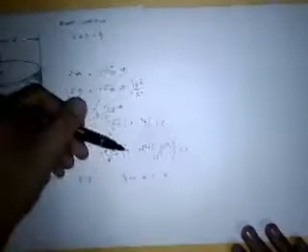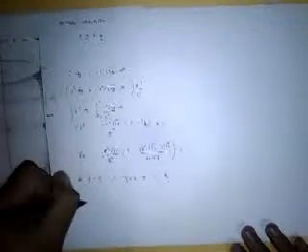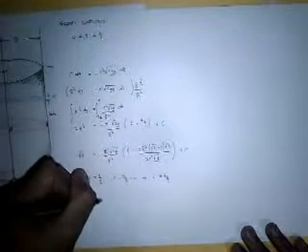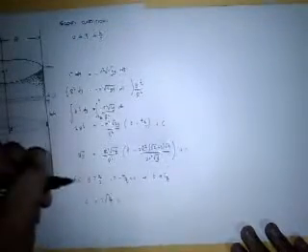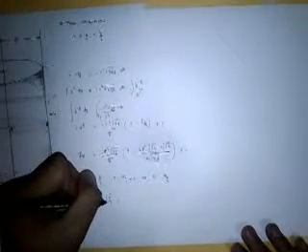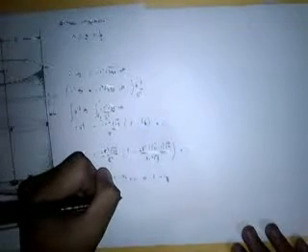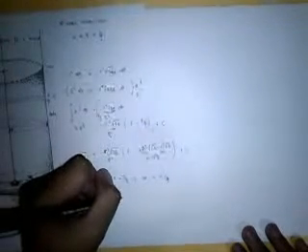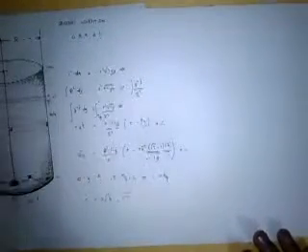So this becomes 0, and our c is equal to 2 times the square root of h over 2, which is the square root of 2h. So that's our c.